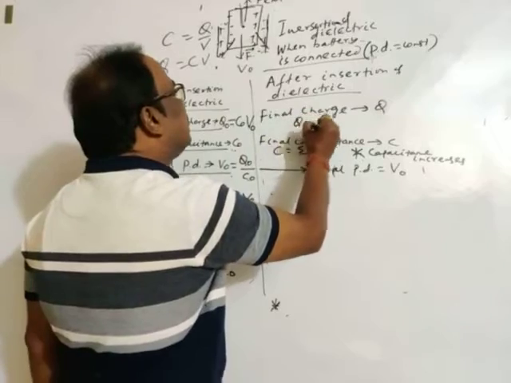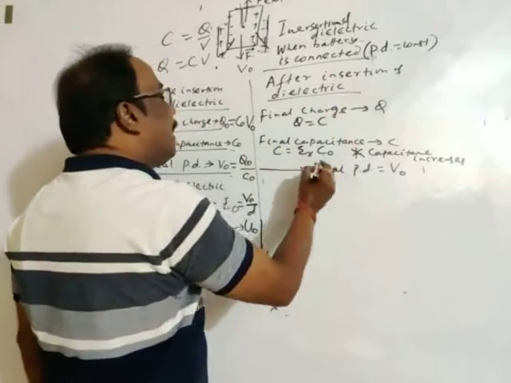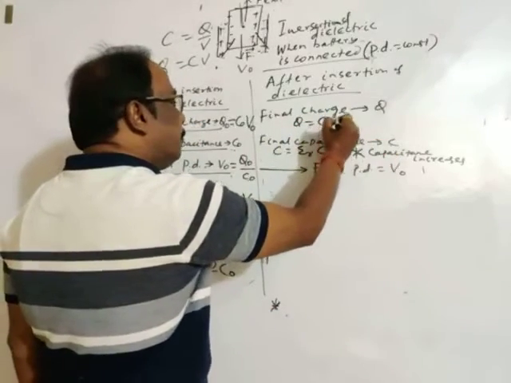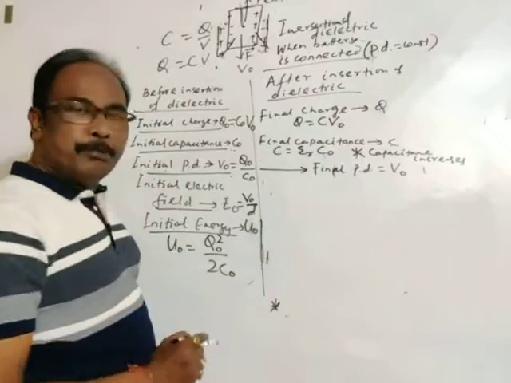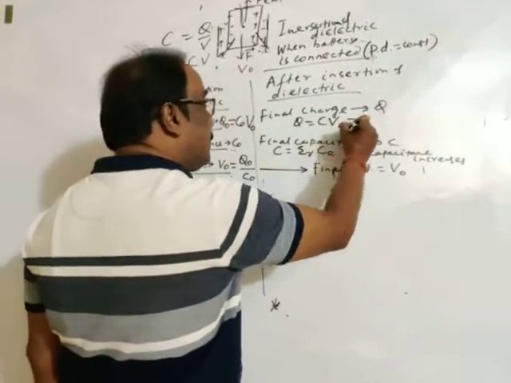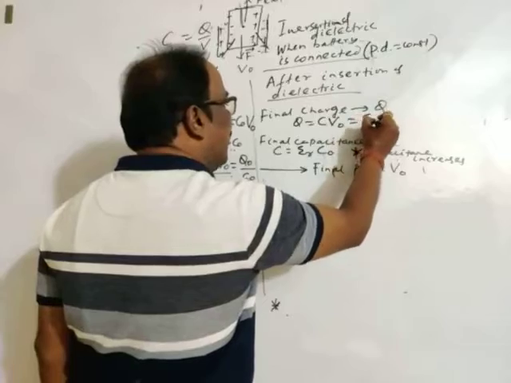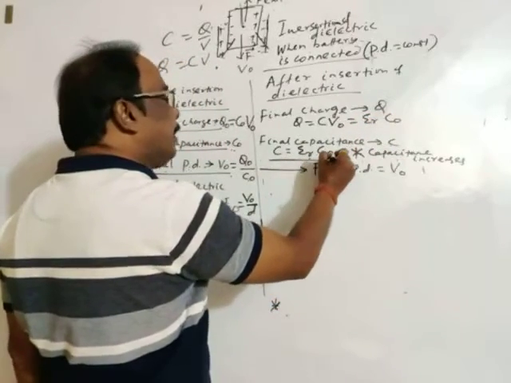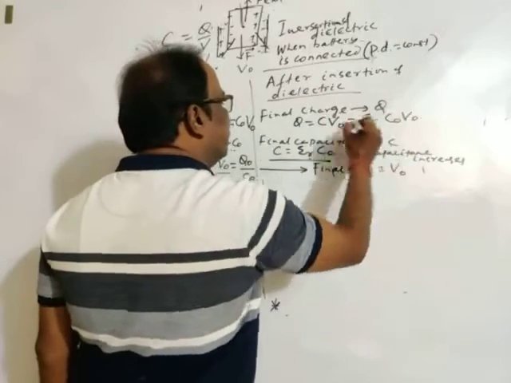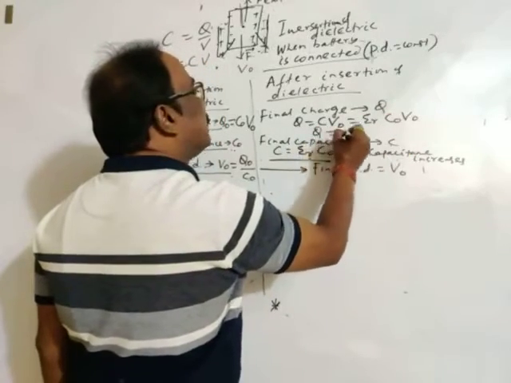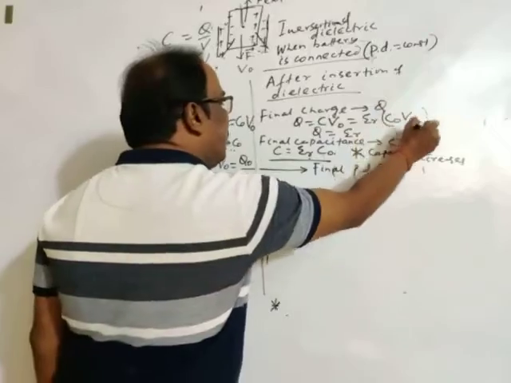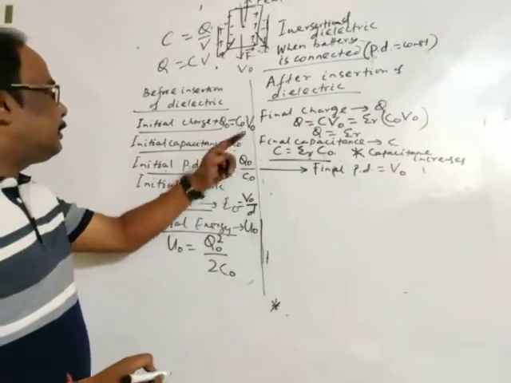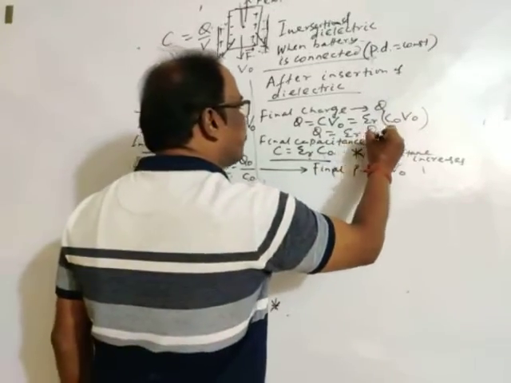Final charge is equal to final capacitance C times final potential V naught, but C is equal to epsilon r into C naught. So final charge is epsilon r times C naught V naught, and C naught V naught is the initial charge Q naught.